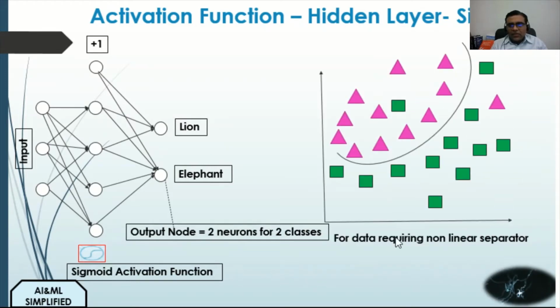So as we see here, once we have applied the sigmoid activation function, we are able to segregate these two classes of lion and elephant through this non-linear curve. And the shape of the curve is non-linear as compared to the linear curve which we had earlier.